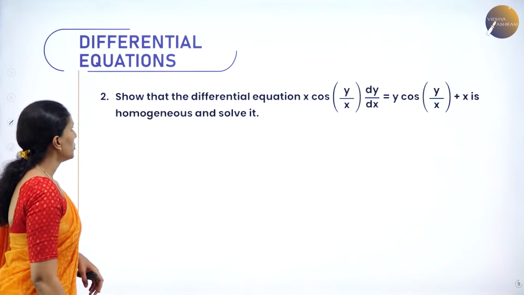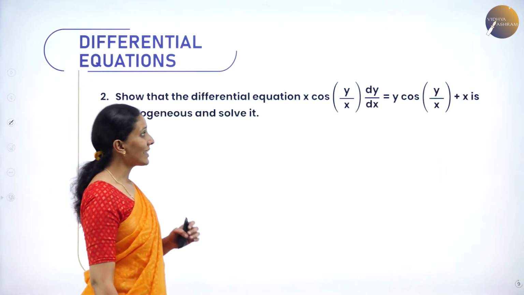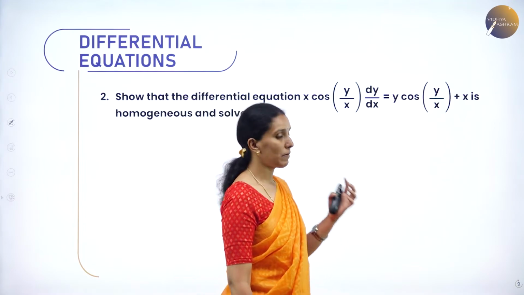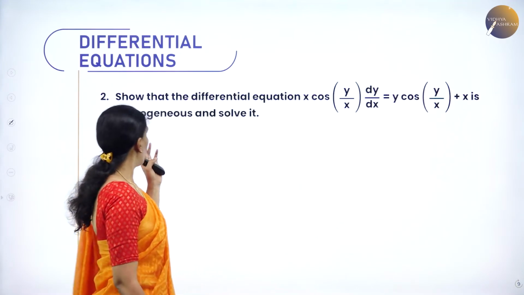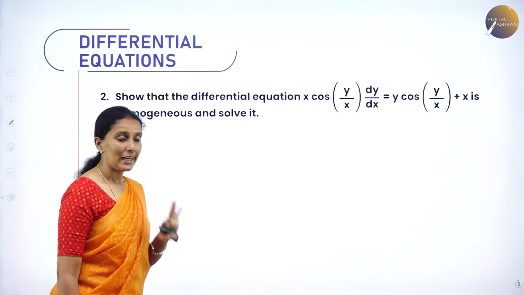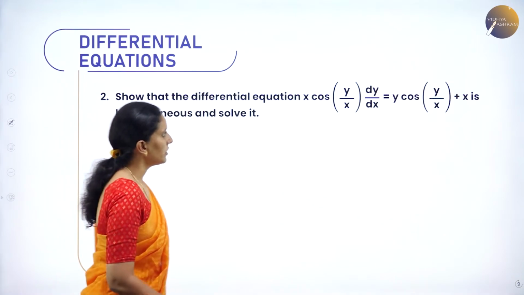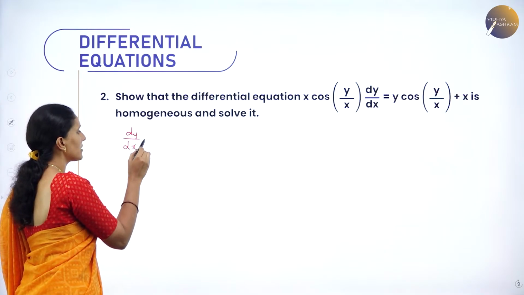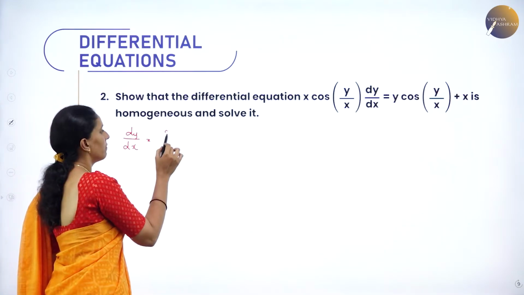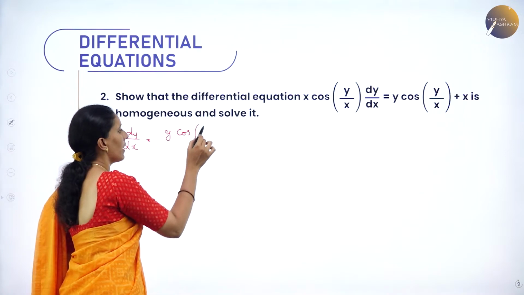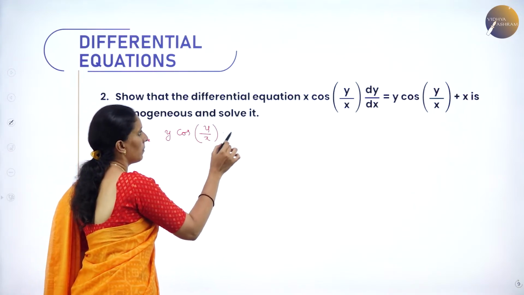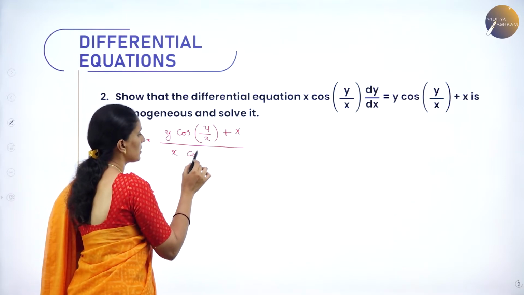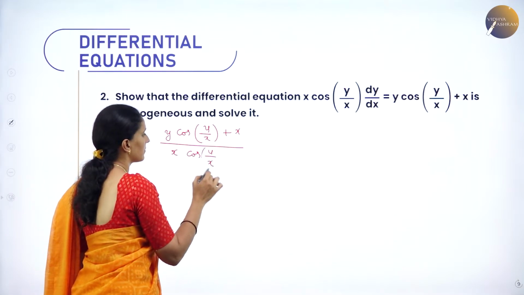Next question. Show that the differential equation x into cos y by x dy by dx plus y cos y by x plus x is homogeneous and solve it. Clearly by observing the function, see here dy by dx can be written as y cos y by x plus x divided by x cos y by x.